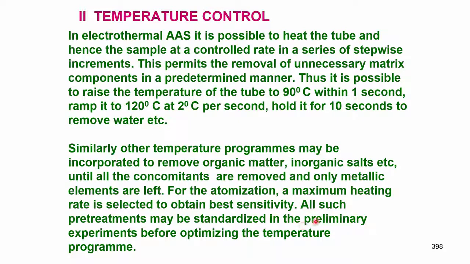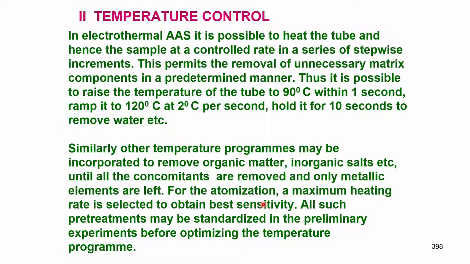okay. And such pre-treatment procedures can be standardized for each and every matrix, for food, for blood, for metals, for environment samples. For all these things, these pre-treatment methods can be standardized depending upon what they want to work with. And then in the preliminary experiments, before we can do the standardization, before optimizing the temperature program.